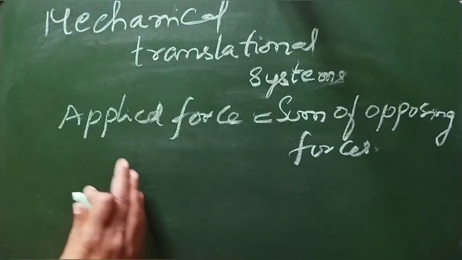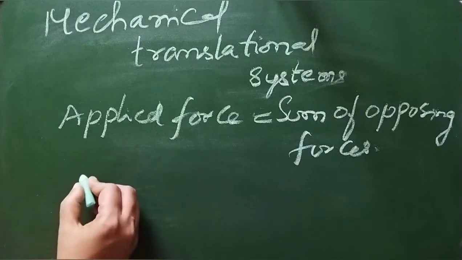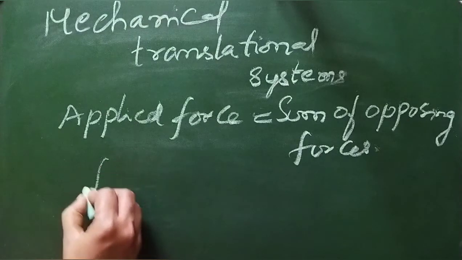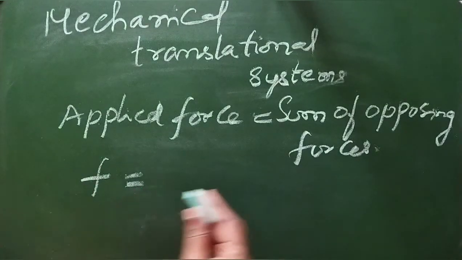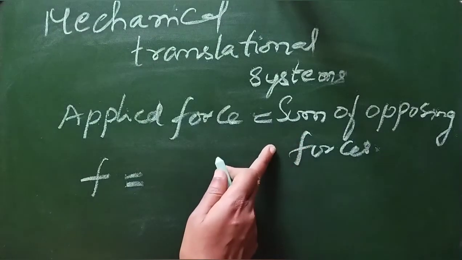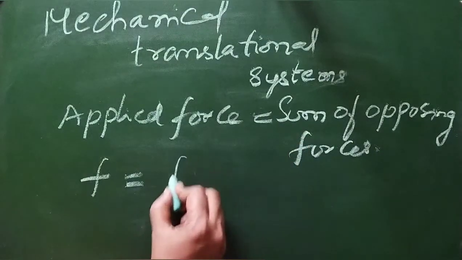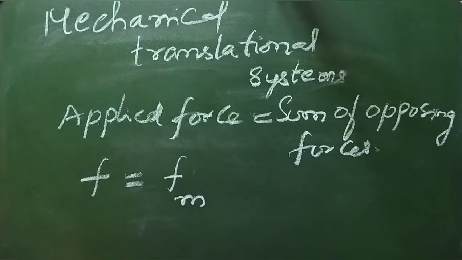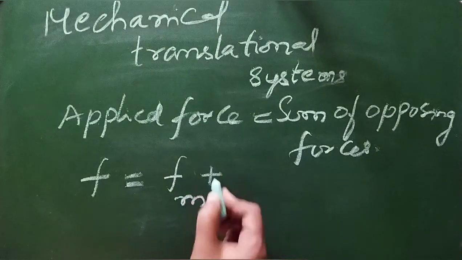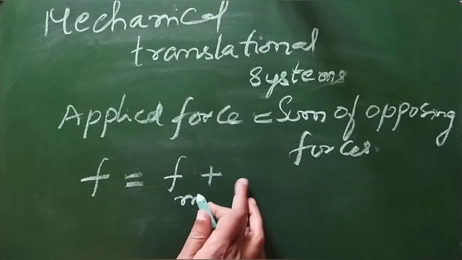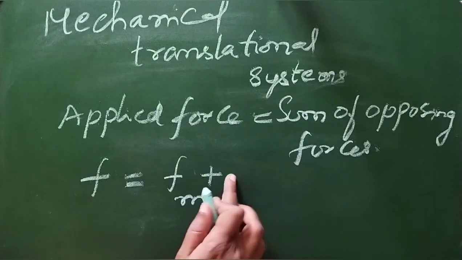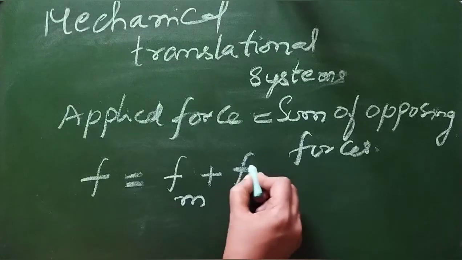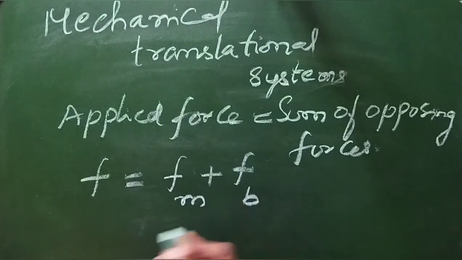Okay, now for example, if applied force is say F, that is equal to opposing forces are due to, one is due to mass, then the other one is due to the damping force or the viscous friction, or due to dashpot, you call this as FB.